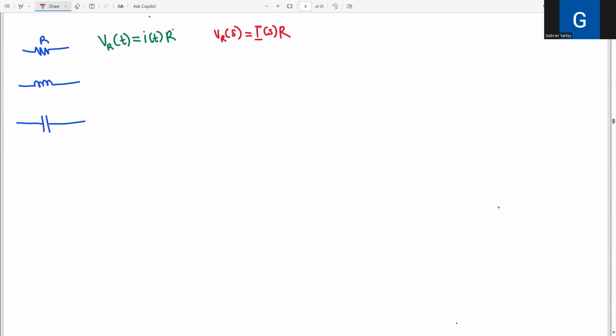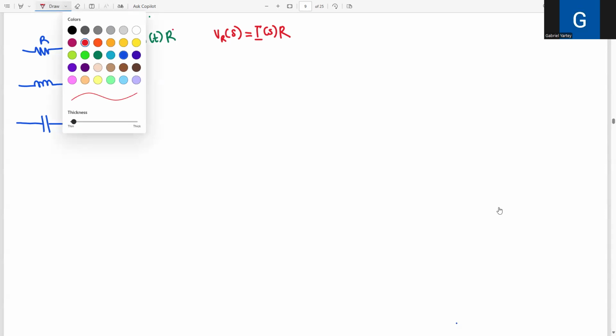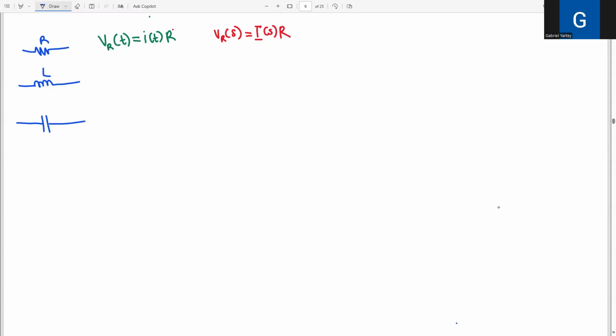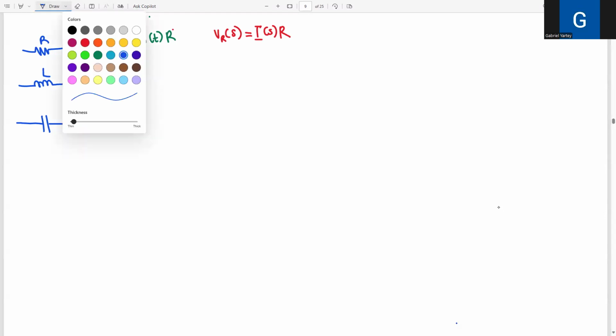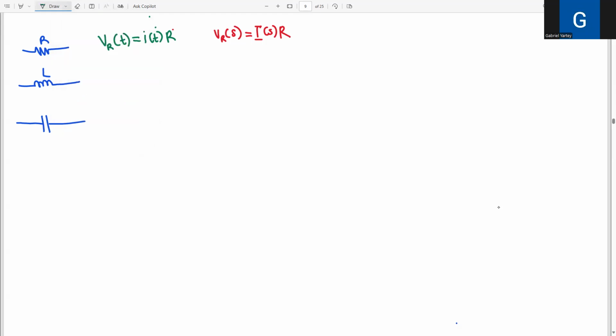Now, if I'm to do the same thing to this particular inductor and find the voltage across this inductor, I could say that the voltage across this inductor V_L of t is equal to L di of t over dt.